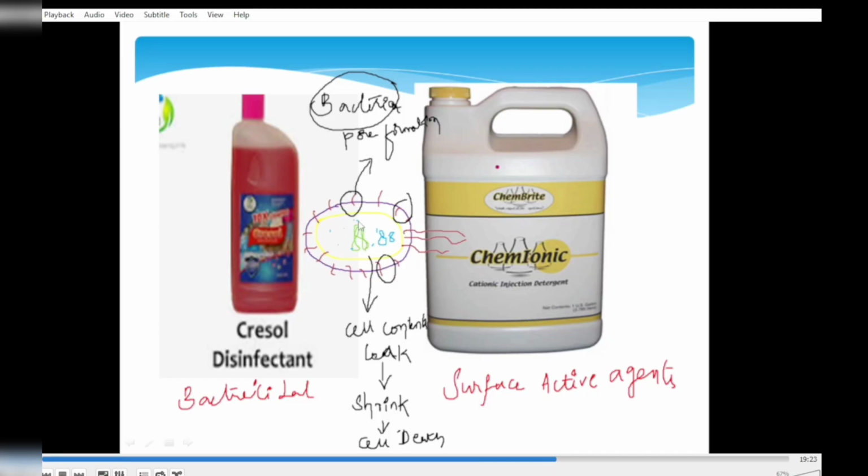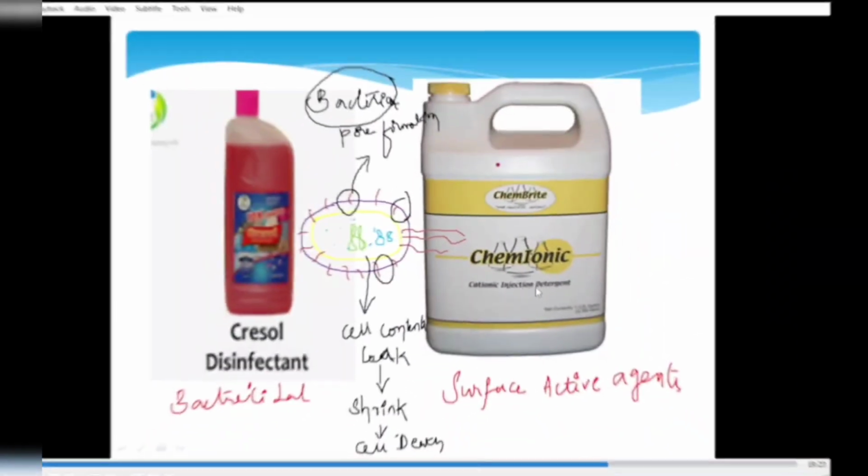These phenolic compounds act on the cell wall and cytoplasmic membrane of bacteria and make pores over them. Because of pore formation, all the cell contents leak out and finally the cell shrinks. It causes cell death, and like that they kill the bacterium.